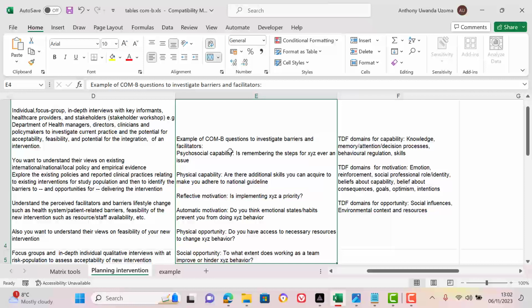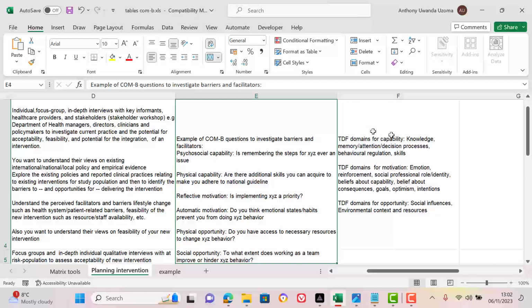But I prefer to go straight to the TDF, to map my questions to the TDF domains, and these are the TDF domains for capability. You have knowledge, memory, attention, decision processes, and behavioral regulation skills. If you are assessing capability, you can ask questions to assess their knowledge, their attention, their memory, if they can remember their antenatal appointments.